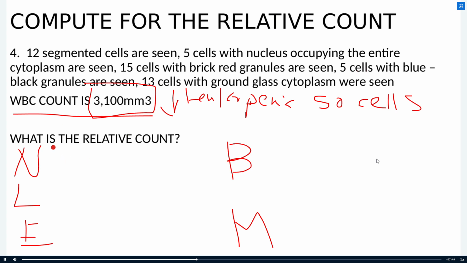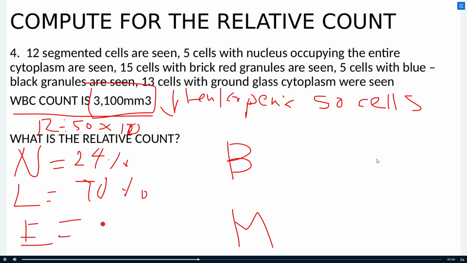So using the formula, your neutrophil would be 12 divided by 50 times 100. You would get 24%. Lymphocyte would be 5 divided by 50, you would get 10%. And then your AO, 15 divided by 50 times 100, you would get 30%.